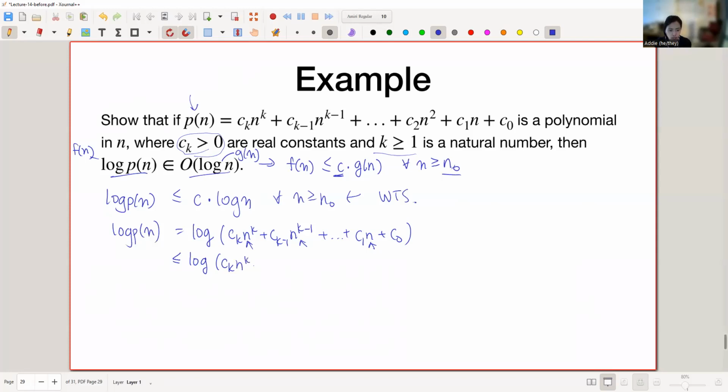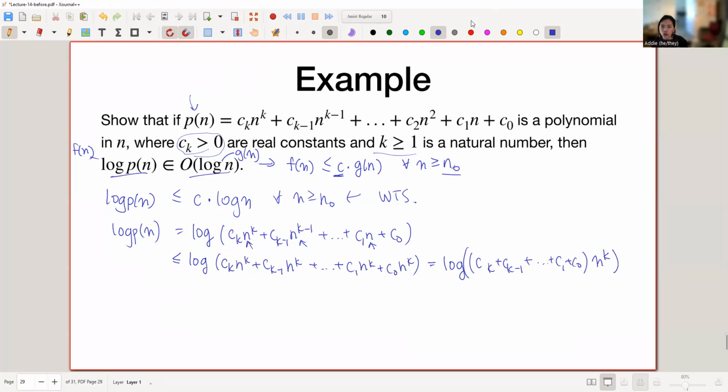We just replace n^k, n^{k-1}, n^1, n^0 with n^k. So c_k n^k plus c_{k-1} n^k plus dot dot dot plus c_1 n^k plus c_0 n^k. Now that this is all written in terms of n^k, we can factor out that n^k: log of (c_k plus c_{k-1} plus dot dot dot plus c_1 plus c_0), all multiplied by n^k.